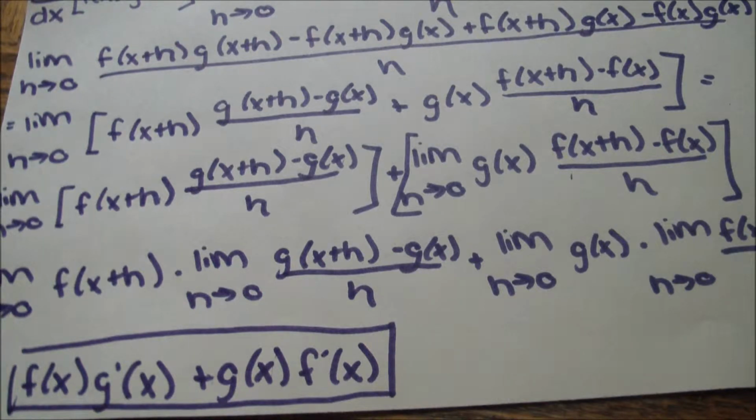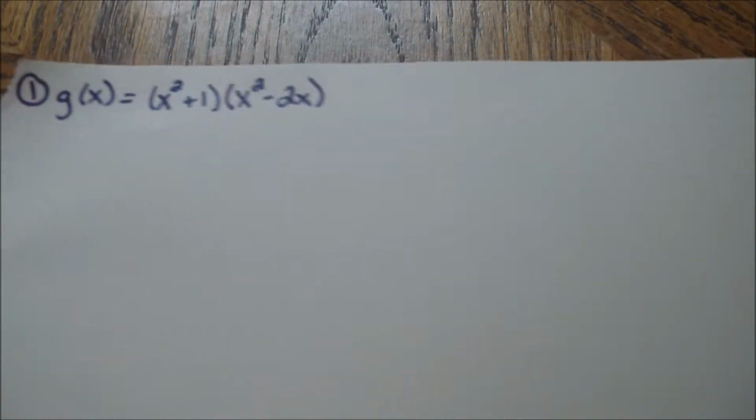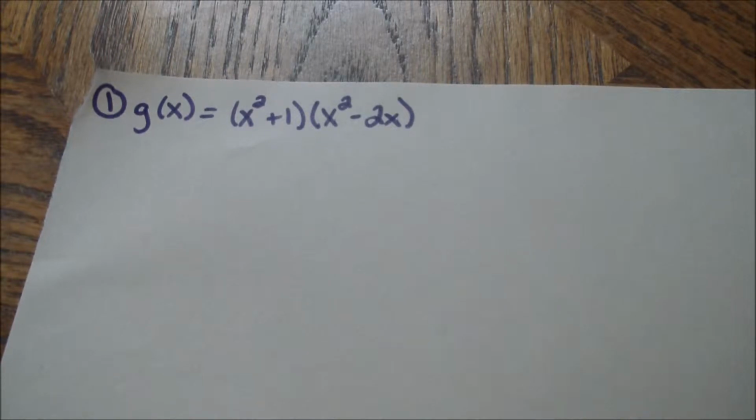So we're going to do an example. We'll start with number 1, where g of x equals x squared plus 1 times x squared minus 2x.